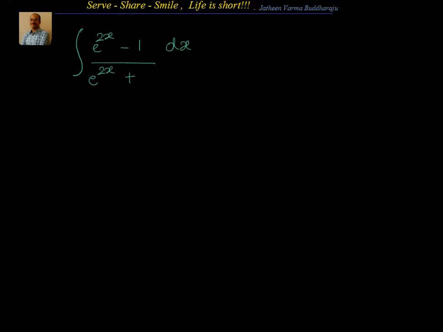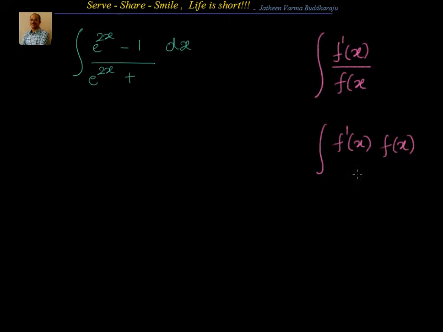The basic thought process of solving this type of problem is where we convert the given function in such a way that we have the integral of f dash x by f of x, or we get it in the form of the integral of f dash x into f of x, so that we can take f of x equal to t, then f dash x dx is substituted by dt. So in this way we will try to solve this particular problem also. Let's have a look at this.